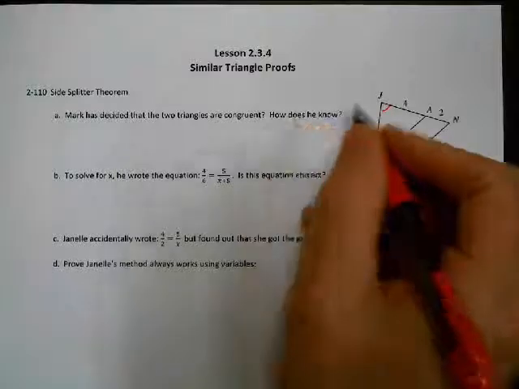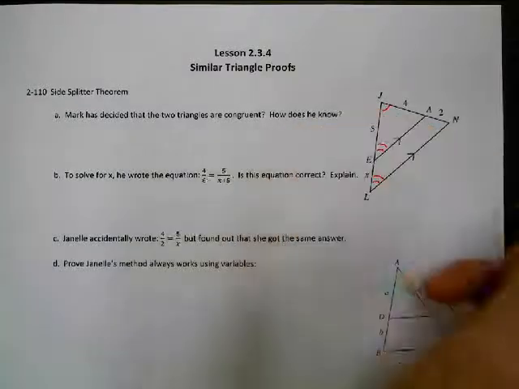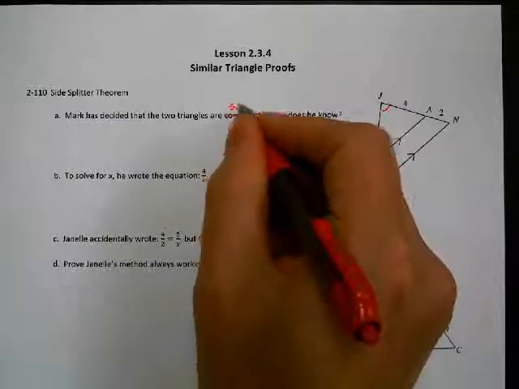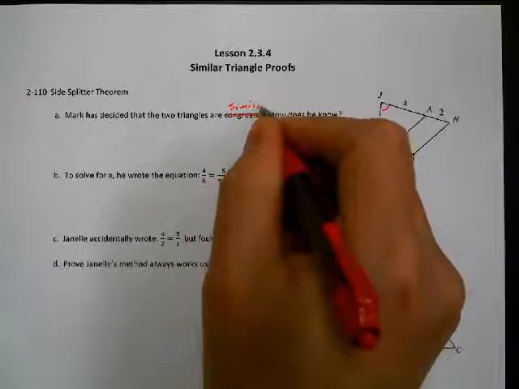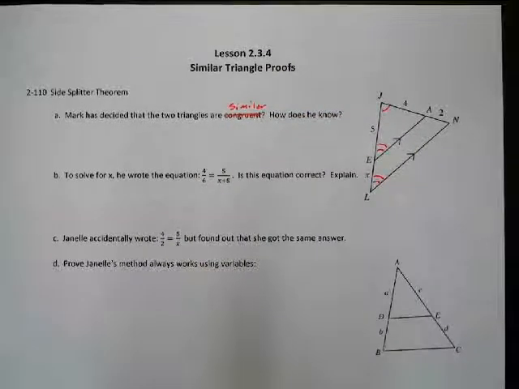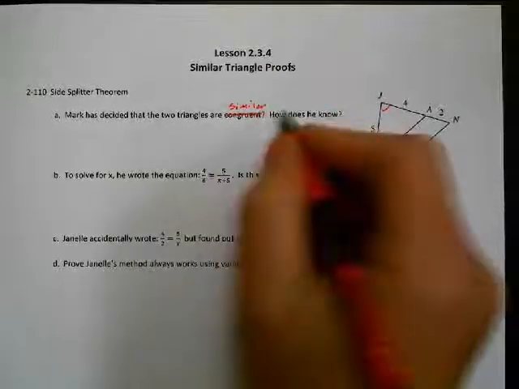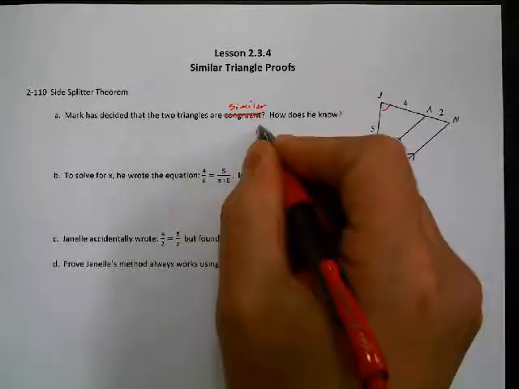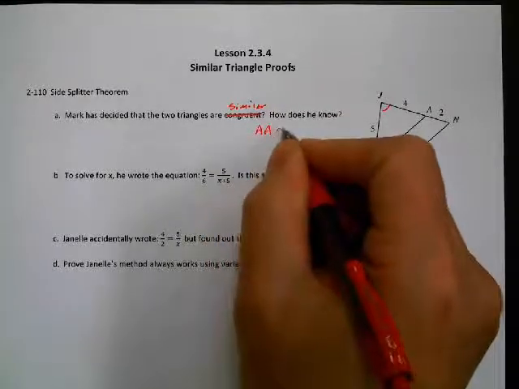So he knows that they are similar by angle angle. Oh wait, this says congruent. That's not congruent, it's similar. Sorry, typo. So how does he know? He knows that they are similar by angle angle.